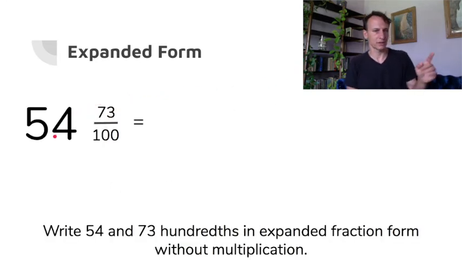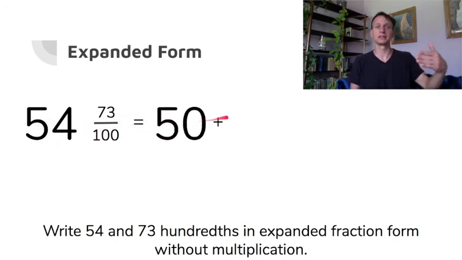Let's do it again with this number, 54 and 73 hundredths. Expanded, that simple expanded form, fraction form without multiplication. So we start here. The tendency here is to just say 54, but we know we have to take out those tens first. So 50 and 4. Then we come here to the fraction.